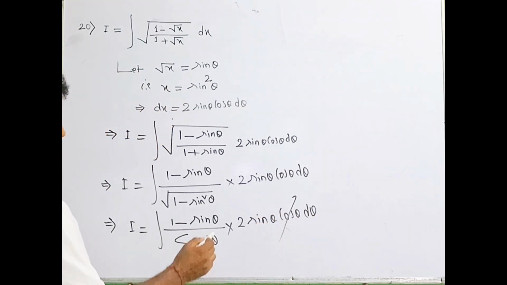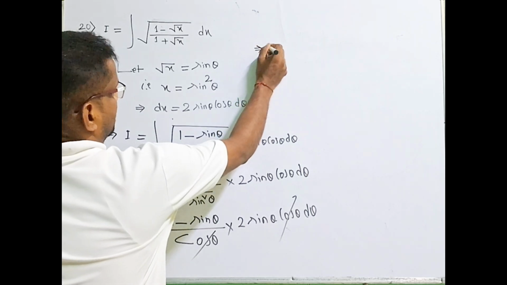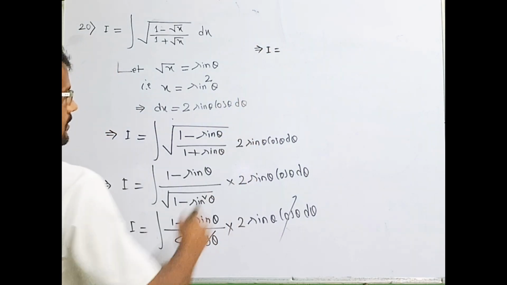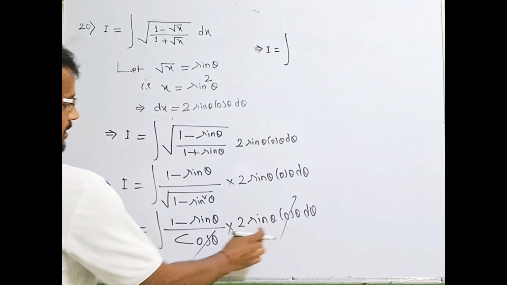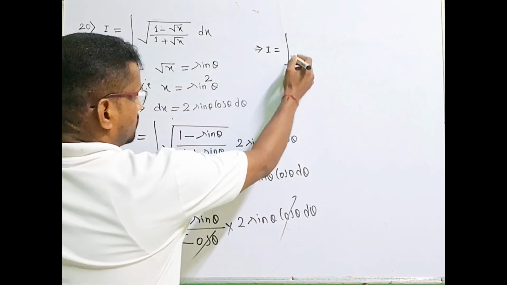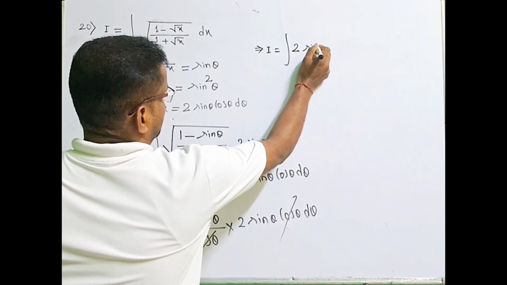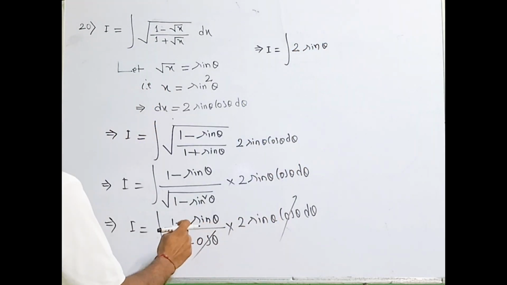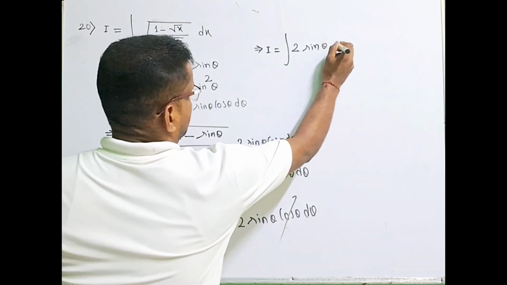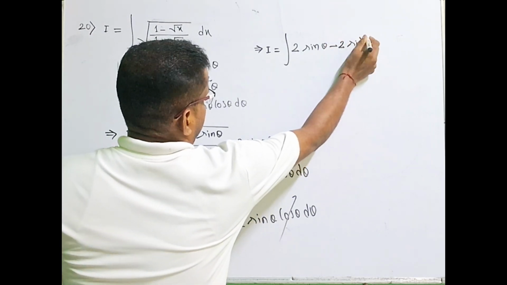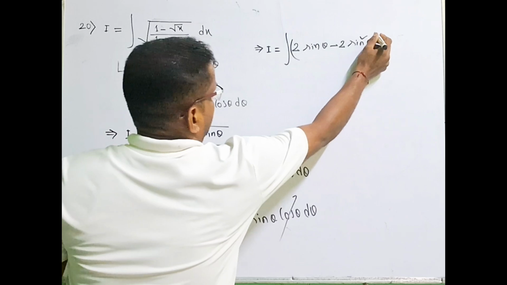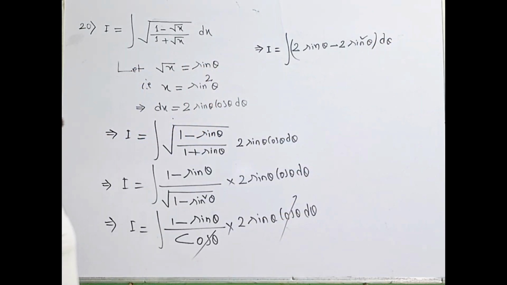Now this cos theta cancelled out. Then I equals the integration of, just multiply this, 2 sine theta minus 2 sine square theta, and d theta. This you will get.